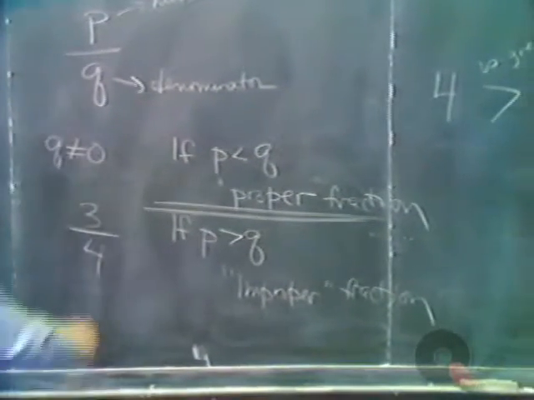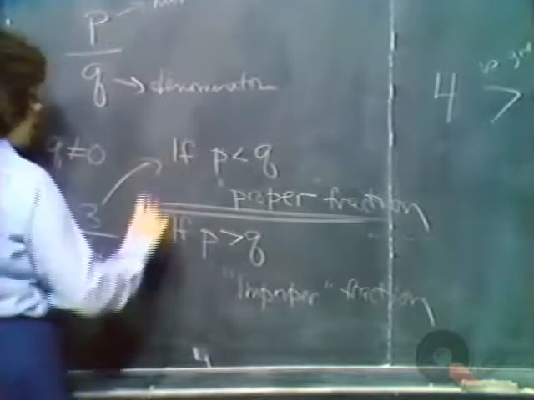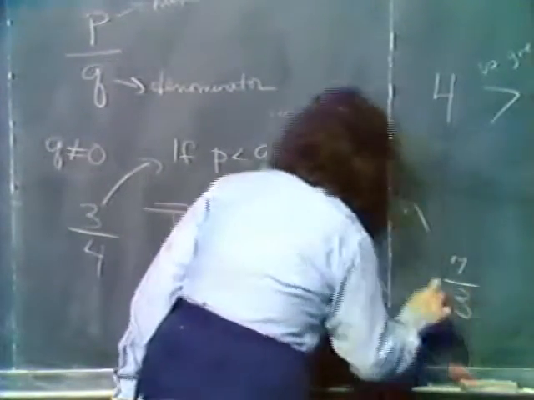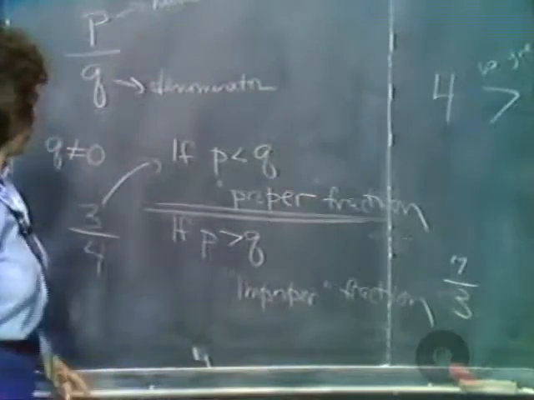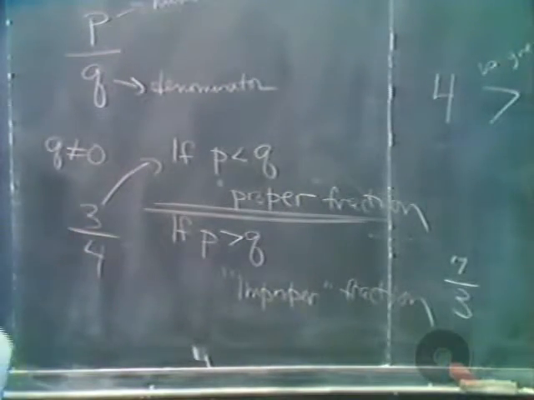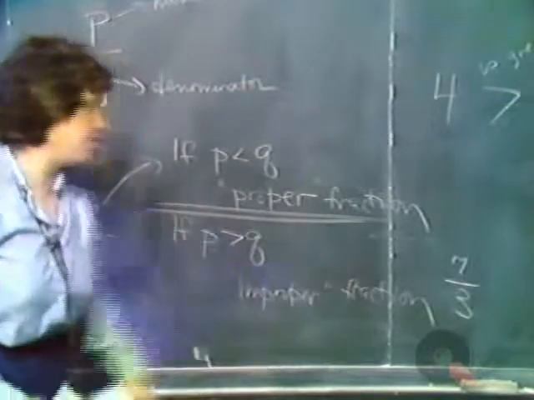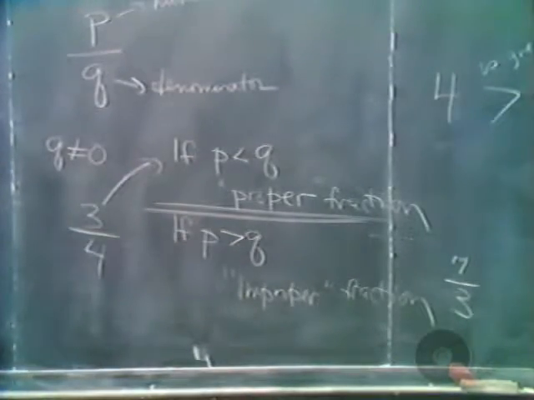So 3/4 would be a proper fraction, and for example, 7/3 would be an improper fraction.